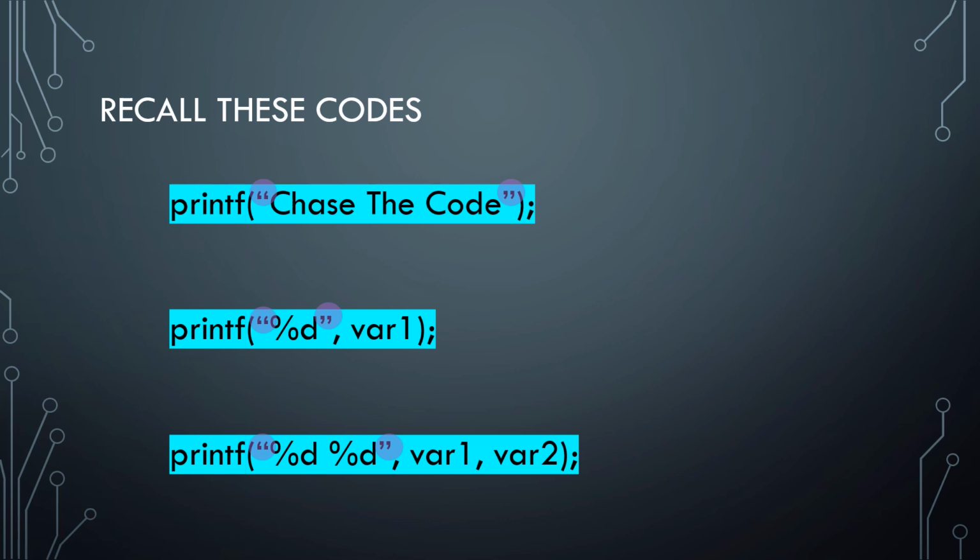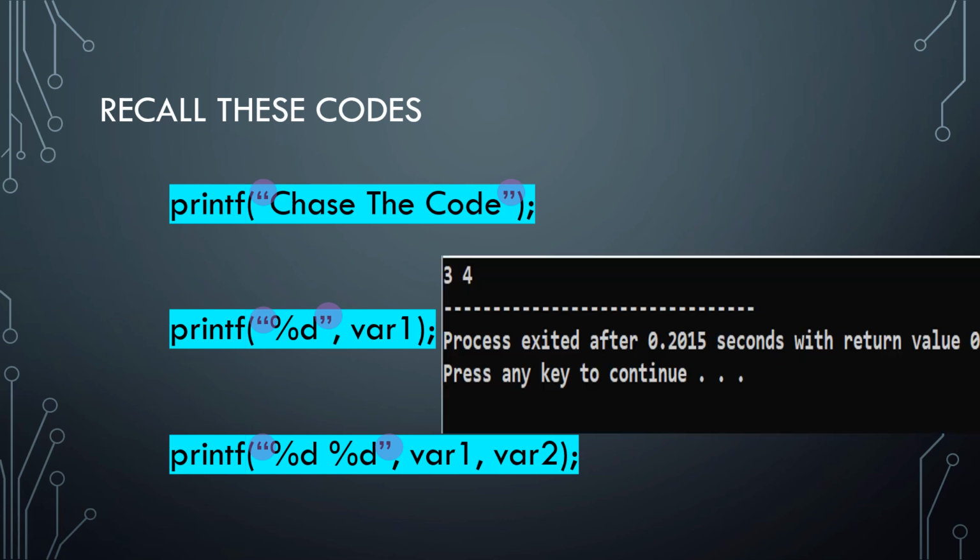Then you can predict what is going to be the output for this printf statement. It's like this: 3 and 4 with a blank space in between. Because in place of these placeholders, you are putting the variables' values. As var1 is equal to 3, instead of %d we have 3 over here. And instead of this %d, we have 4 over here, which is the value of var2.